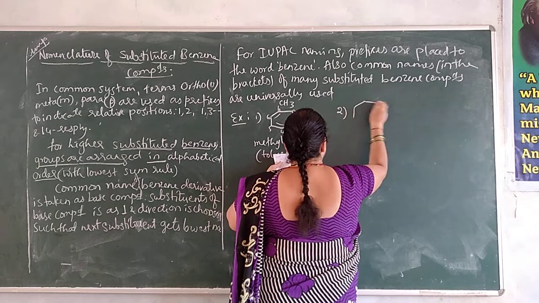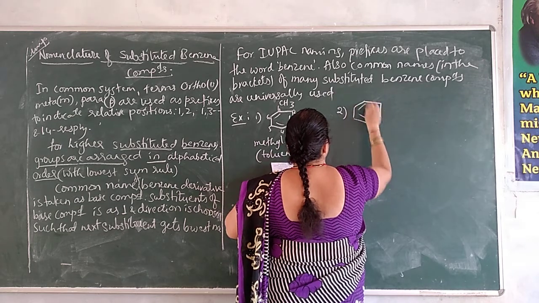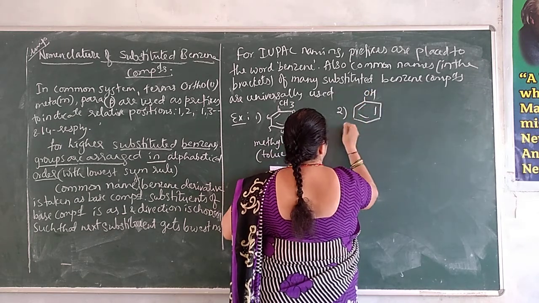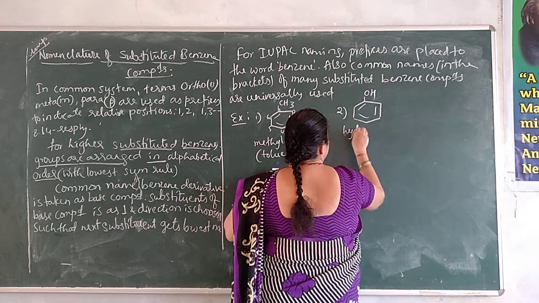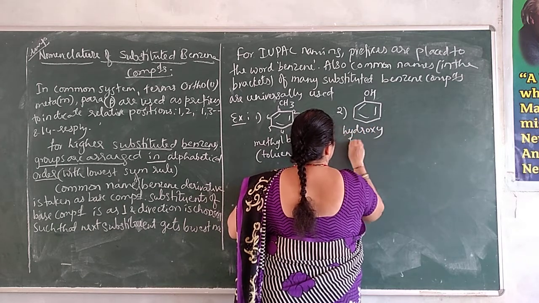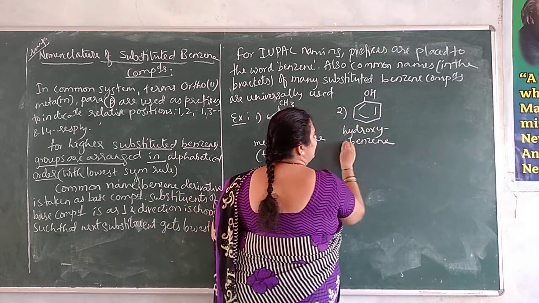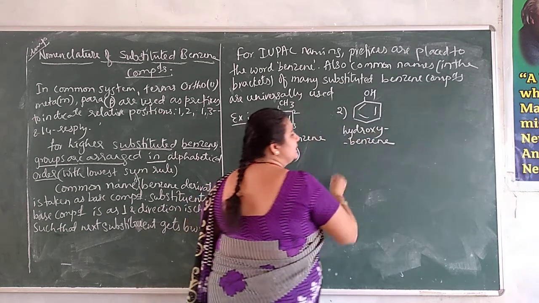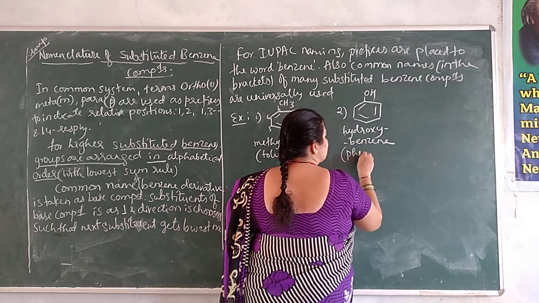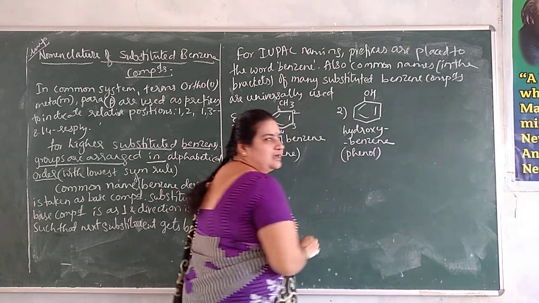Second example, OH. For OH the prefix is hydroxy and the parent chain is benzene, so the name is hydroxybenzene, and in the common system we name this compound phenol.